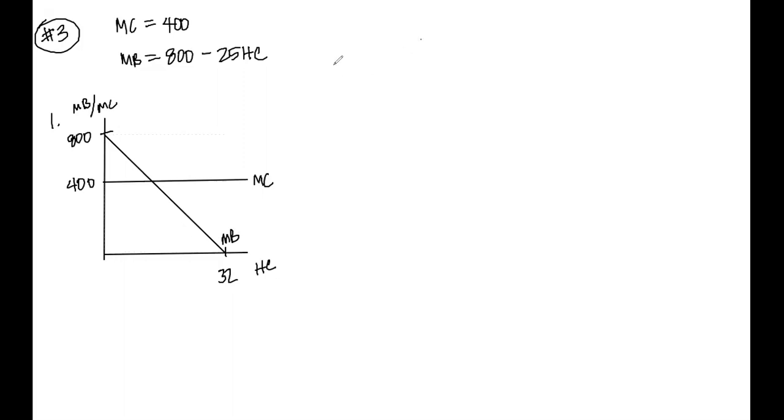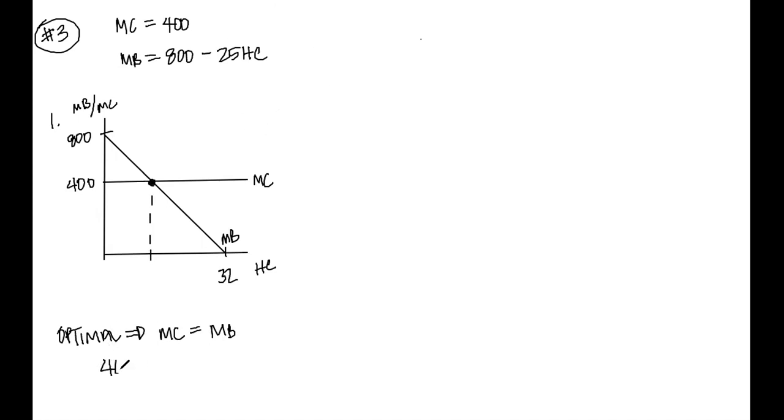So we know that the optimal level is going to be where marginal cost equals marginal benefit. So obviously looking at a graph, it's going to be where these two lines intersect. And the only way in this problem we can solve for that is just setting these two equations equal to each other.